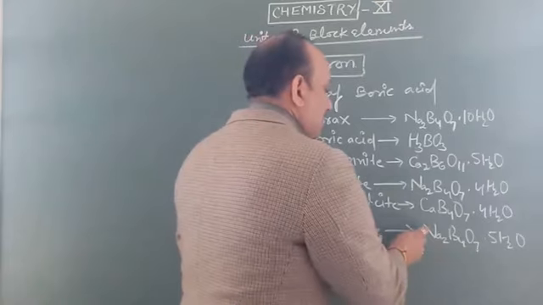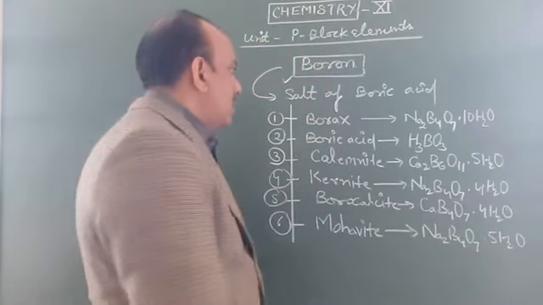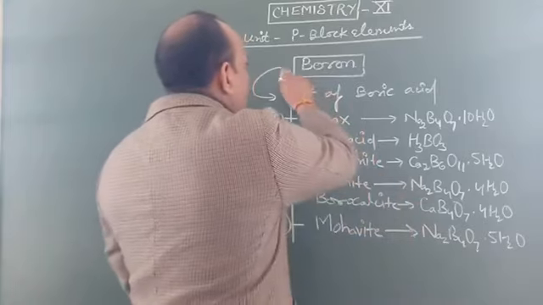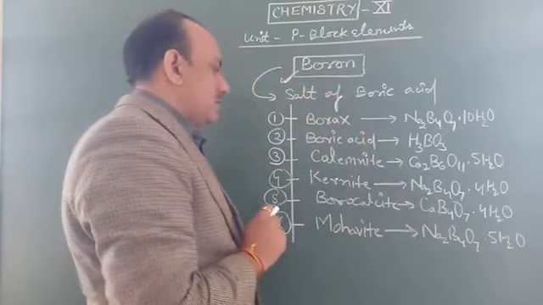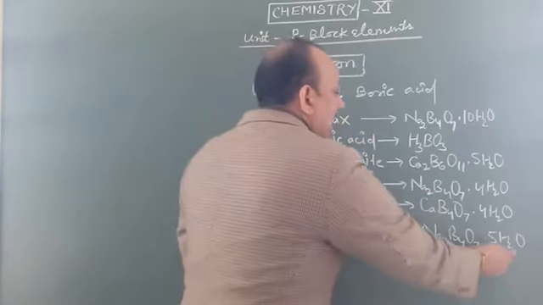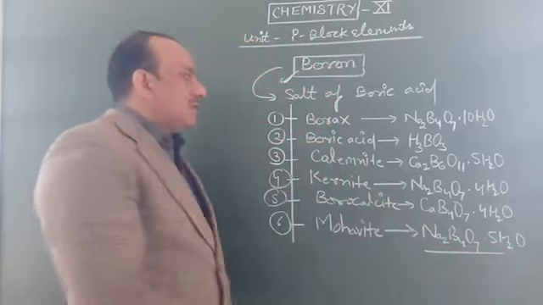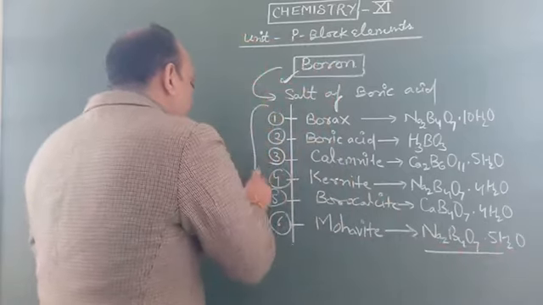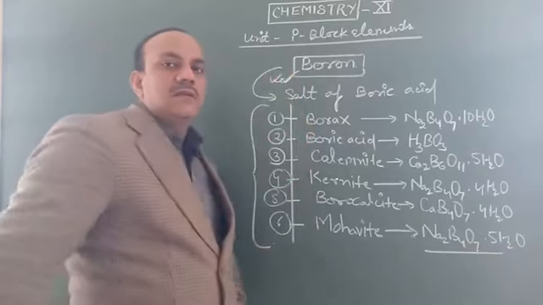It is the main ore of borax formation compounds, and it is a special mineral of boron. Its formula is Na2B4O7. These are the most important forms in which boron is present.